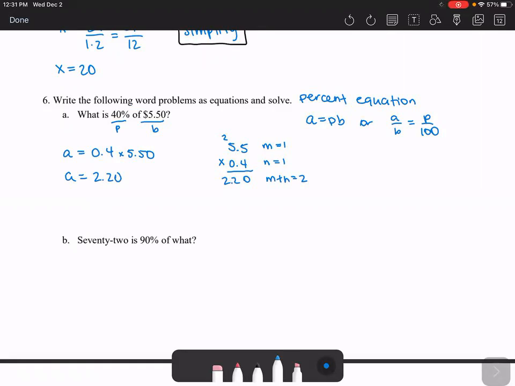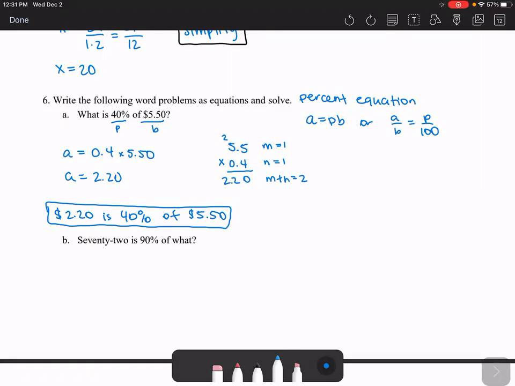You don't have to write the 0 there, but you can. Then whenever we write out a final answer in words, putting our units back in, we have that $2.20 is 40% of $5.50. So that's the final answer there.